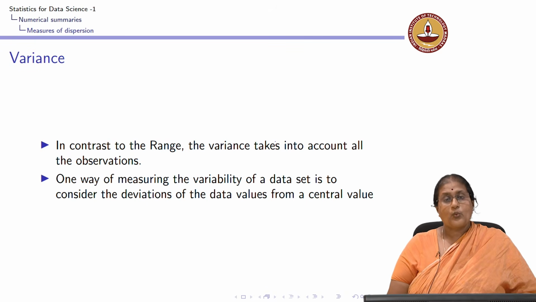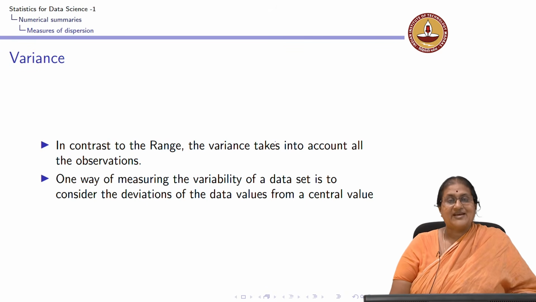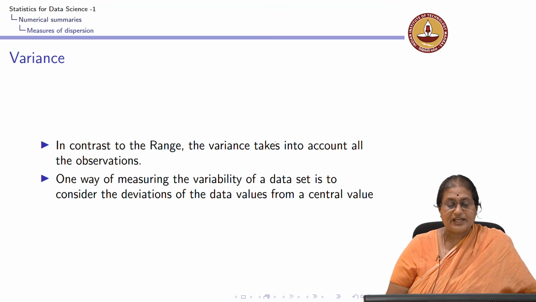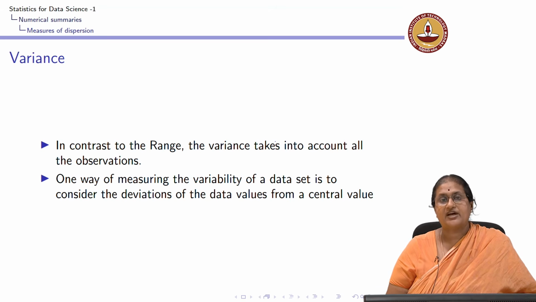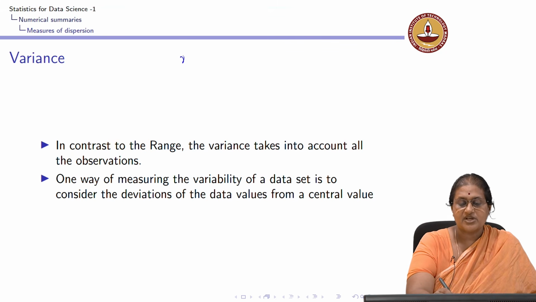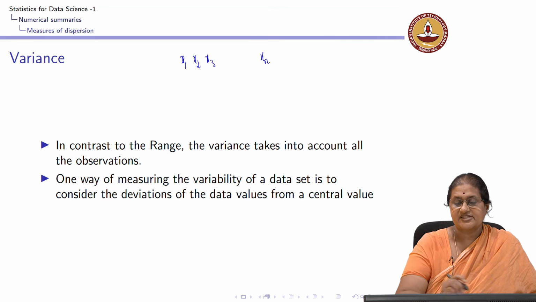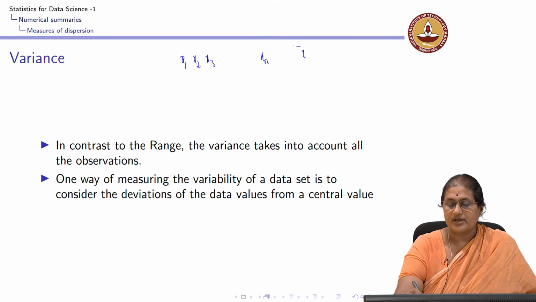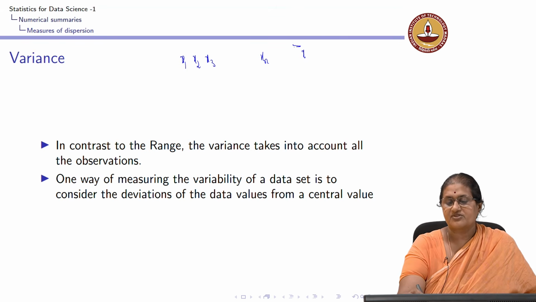One way of measuring the variability is to consider the deviations of the data values from a central value. What do we mean by this? Suppose I have my data x1, x2, x3 up to xn, and I have a measure of central tendency, which for now I will call x bar.